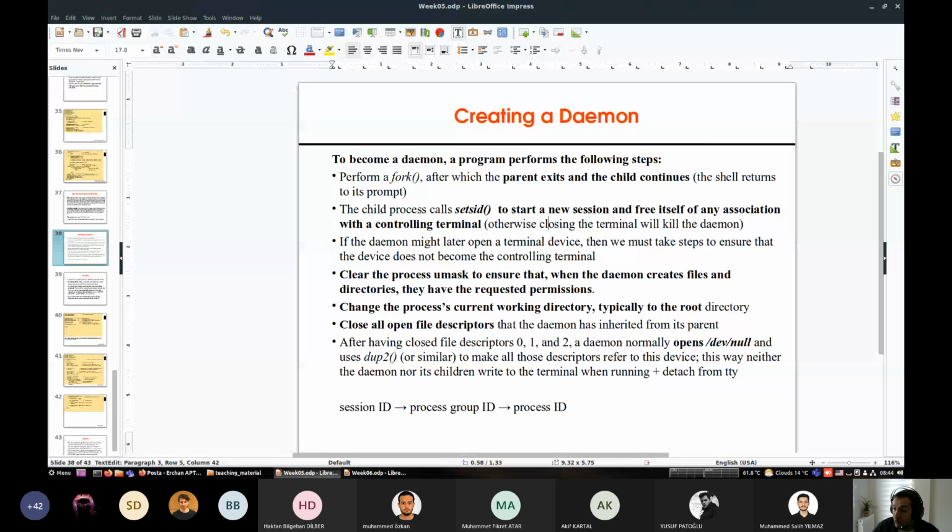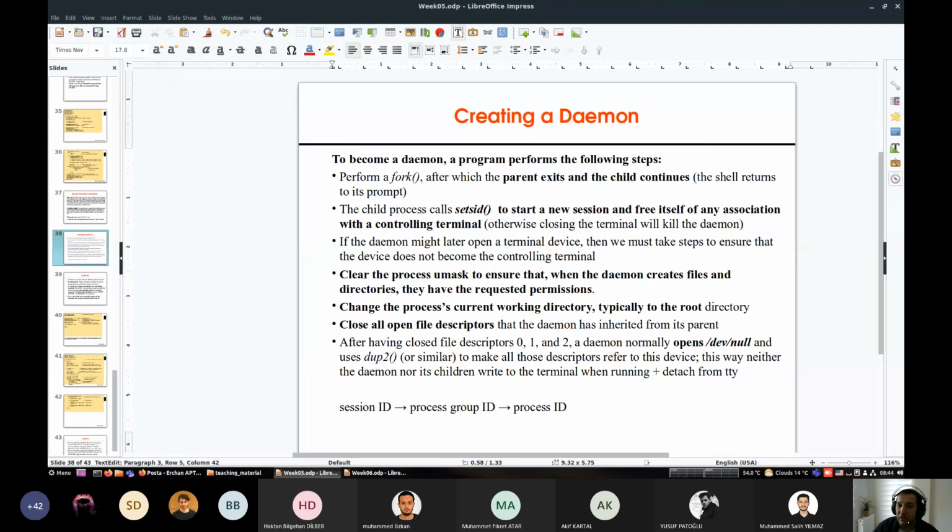Now, of course, there is also the danger that if the daemon later also opens a terminal device actively, well, in that case, there is also a rule in the Linux world that if you don't have a controlling terminal and you open a terminal, in that case, that becomes your controlling terminal. So in order to avoid that, it also takes some additional steps.